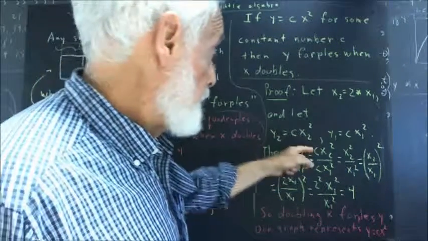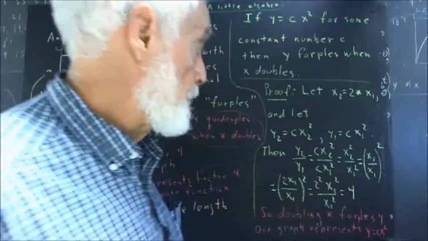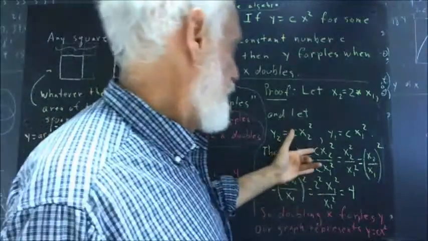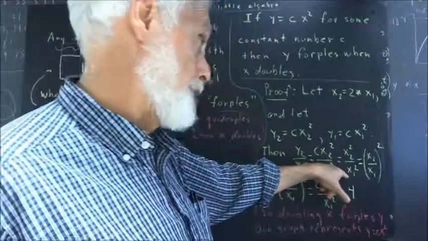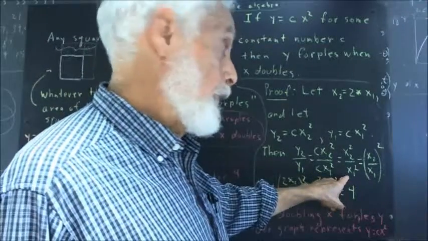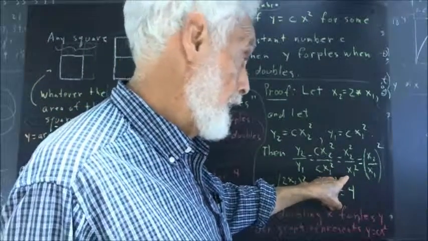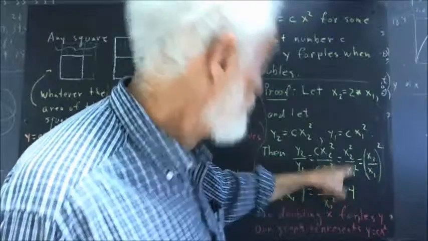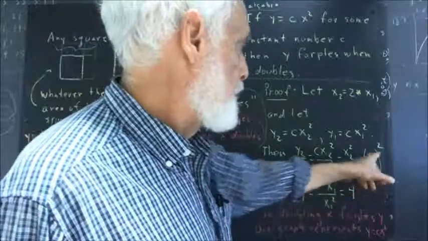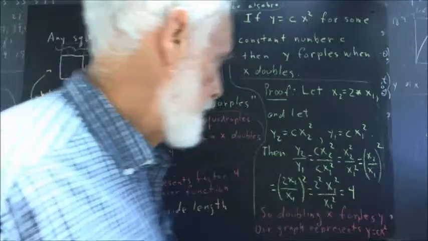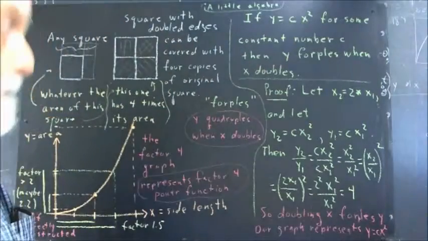And that's going to be c x2 squared divided by c x1 squared. And we divide c by c, we get 1. 1 times x2 squared over x1 squared is x2 squared over x1 squared. And I don't like to cross things out and call it cancellation because people do it wrong all the time. Okay, we get x2 squared over x1 squared, and that's equal to the quantity x2 divided by x1, quantity squared, which is obvious if you understand how to multiply fractions.